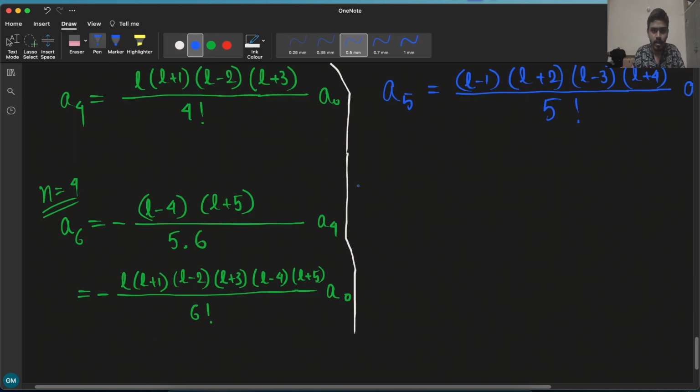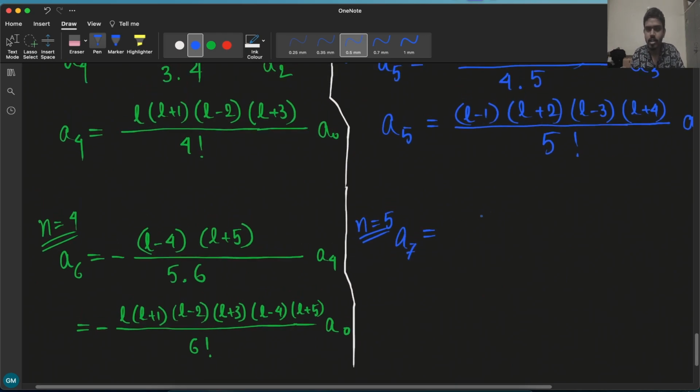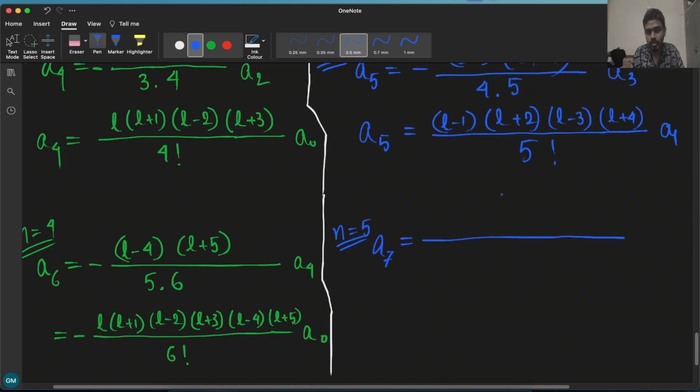And here if I take n equals 5, it will be a7 equals, I can just follow the pattern and write it. So it will be l minus 1, then l plus 2, then l minus 3, then l plus 4, then l minus 5, then l plus 6.